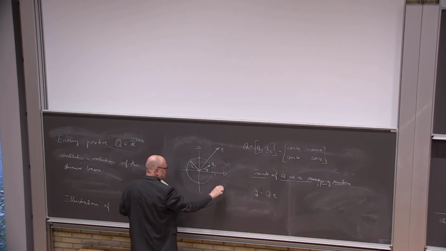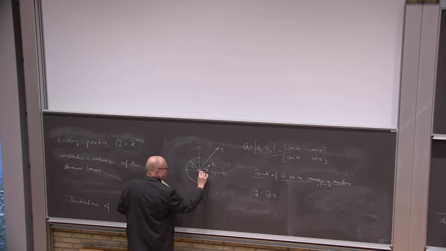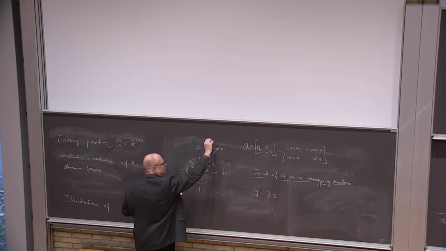the length of the vector doesn't change. So it'll be on this circle here, but it is rotated by u, so this angle here will be u, and this is the resultant vector y.